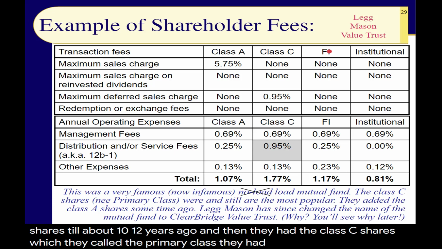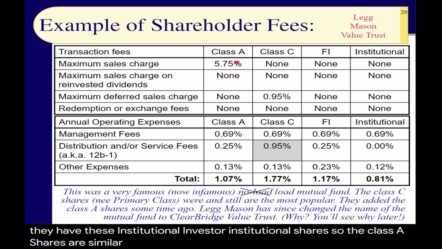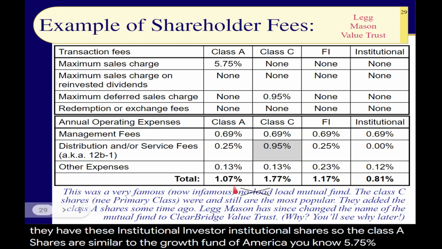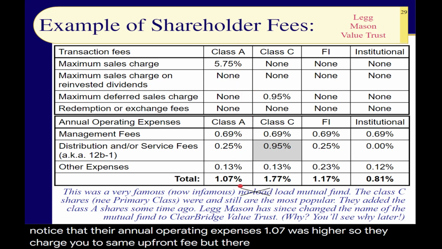They had the FI shares, Financial Investment Advisor, FI, and then they had these institutional shares. So the Class A shares are similar to the Growth Fund of America, 5.75%. But notice that their annual operating expenses, 1.07, was higher.